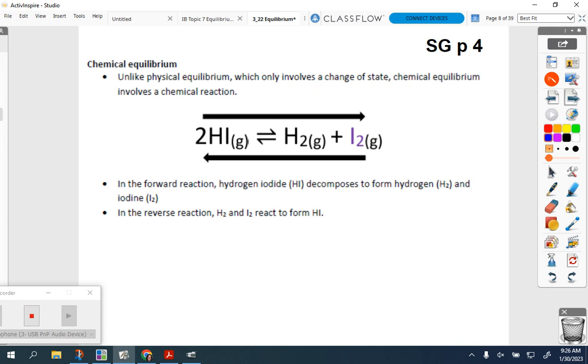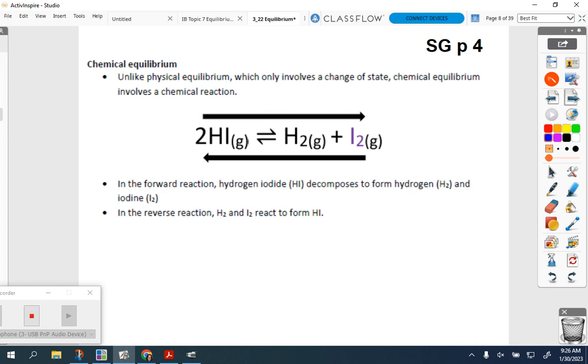So when we have chemical equilibrium, now we're flipping to page 4 in your study guide, we have a chemical reaction, right? So it's not just a change in state, it's an actual reaction. But again, we have the forward reaction and the reverse reaction.